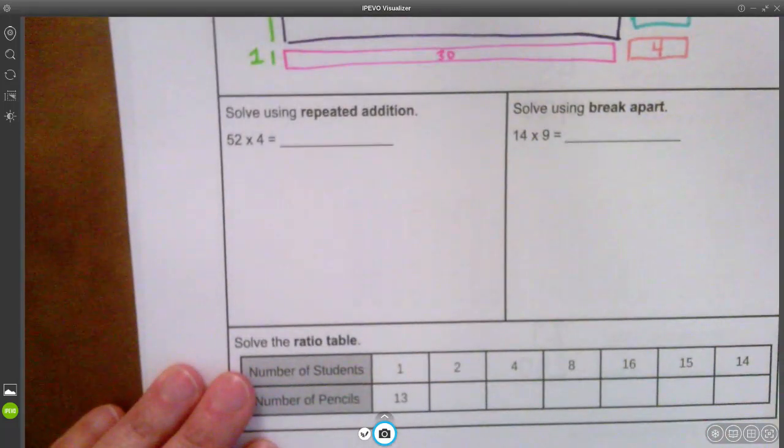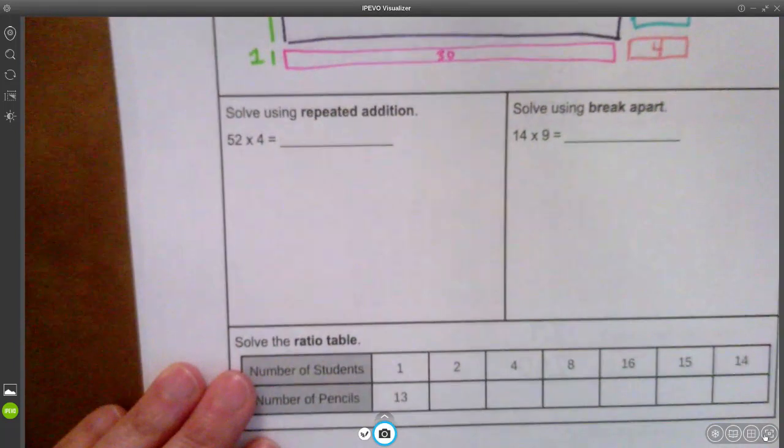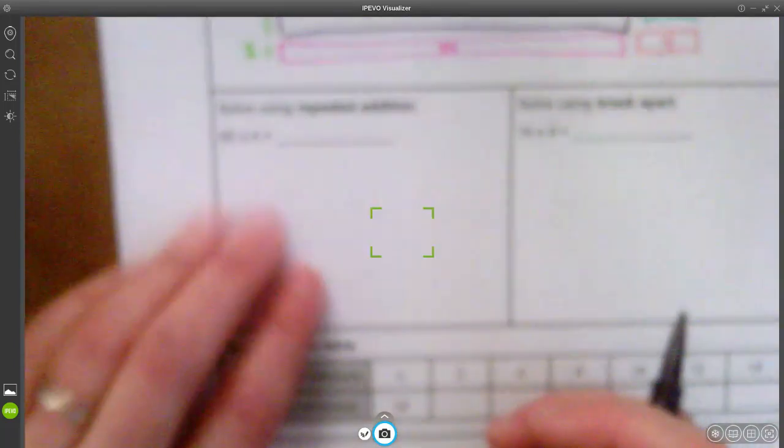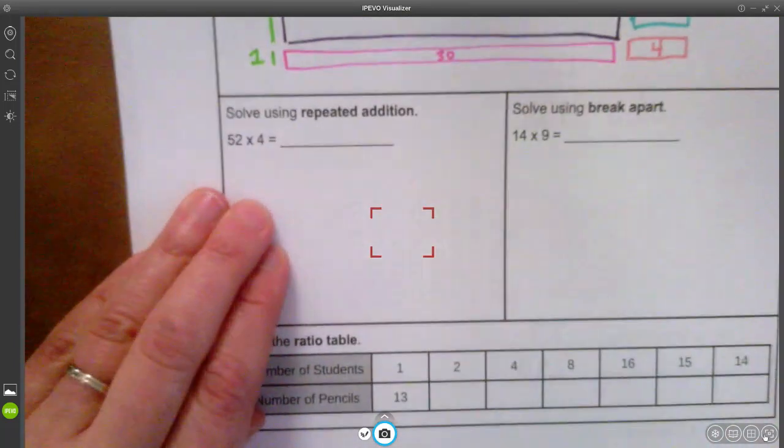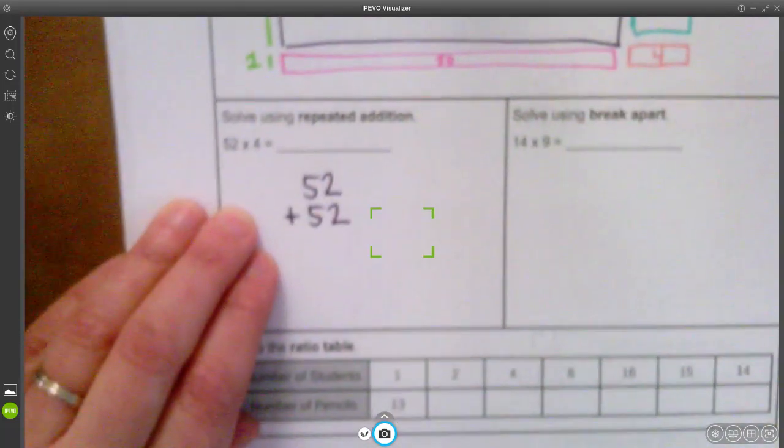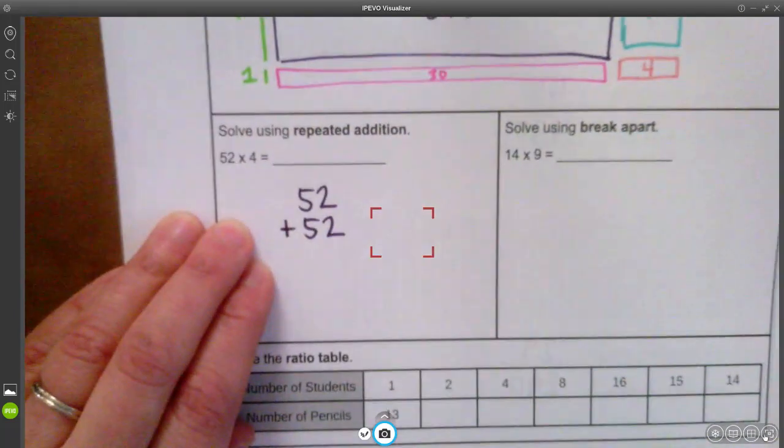All right, repeated addition. We could do 52, 52 times, but that's crazy. So let's do 52 4 times instead. You could do 52 twice and then double that. All right, my focus is all off. Thanks for hanging with me.